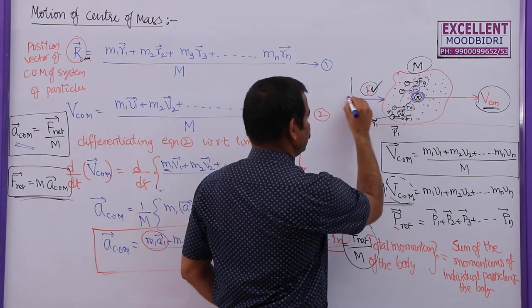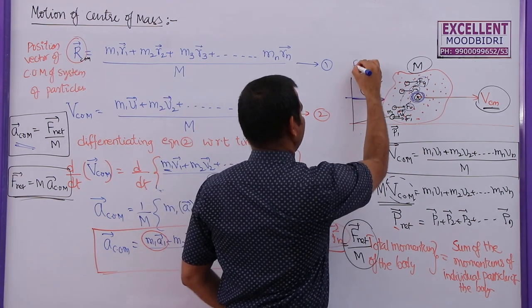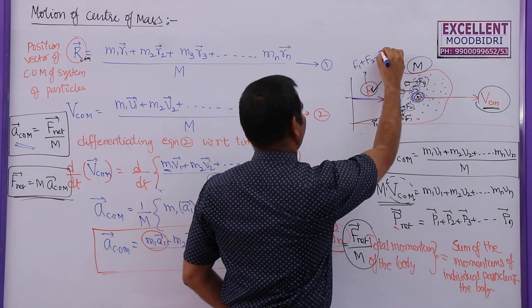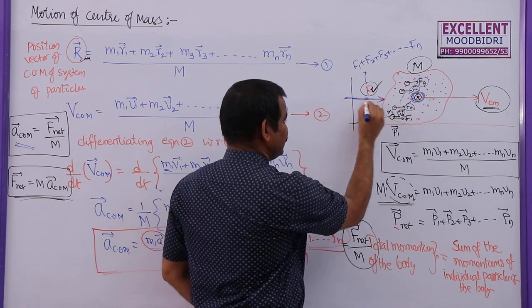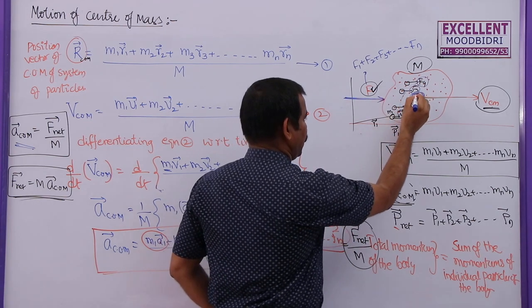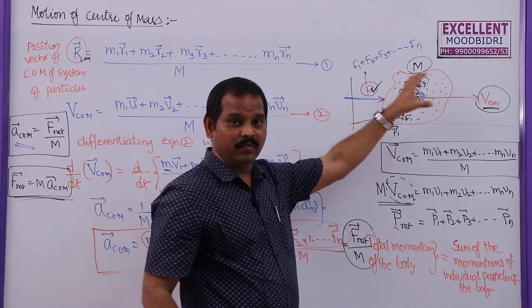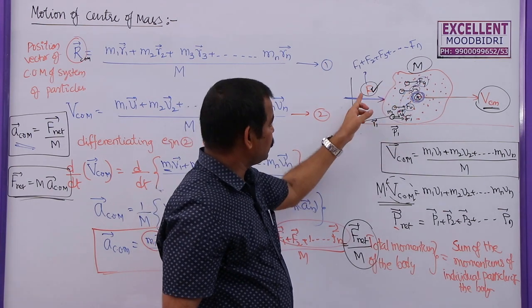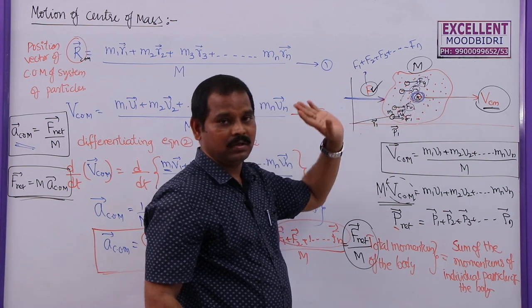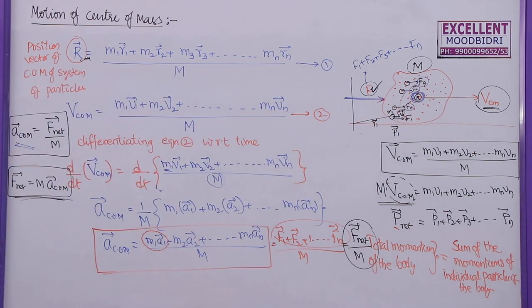So we have to assume that this force F is nothing but F1 plus F2 plus F3 and so on Fn. So this net force is acting at the center of mass of the body, and the body is moving such that the total force is acting on this body at that point only.